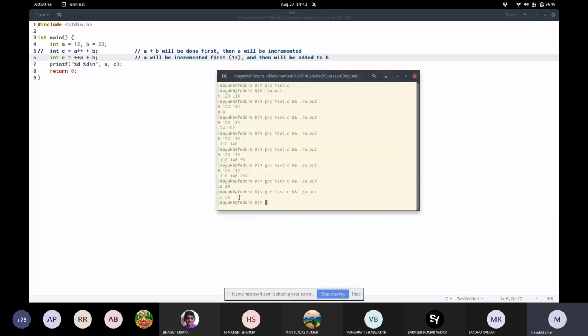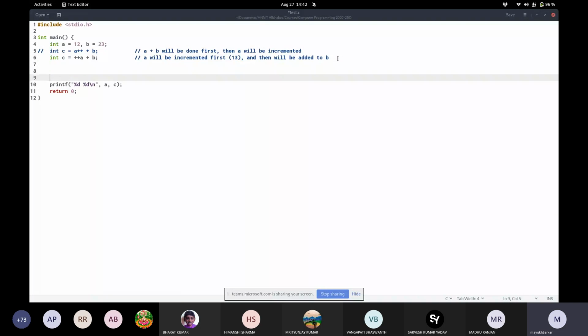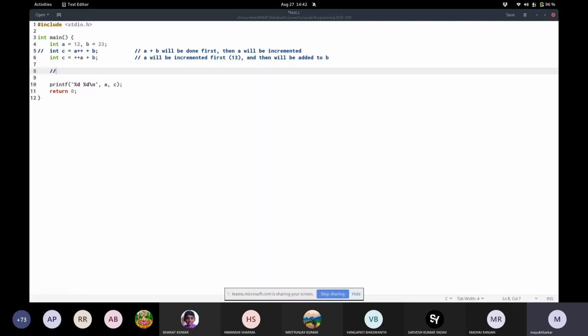And another thing, let me tell you, never use multiple increments or decrements of a single variable in an expression.